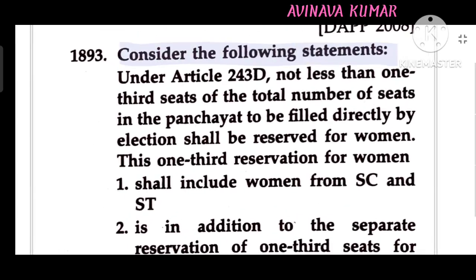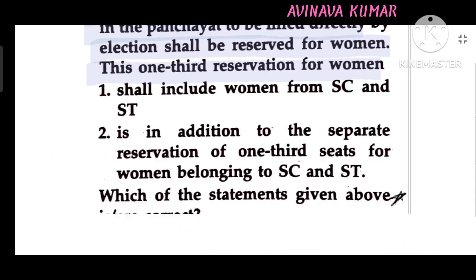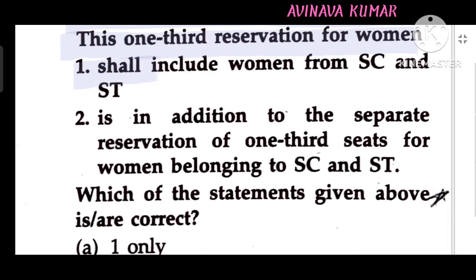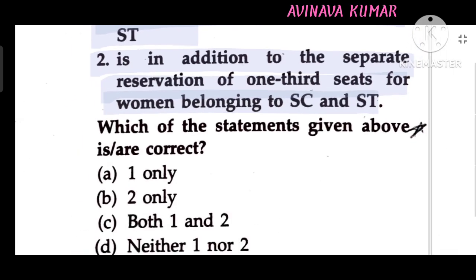Consider the following statements. Under Article 243D, not less than one-third of the total number of seats in the Panchayat to be filled directly by election shall be reserved for women. This one-third reservation for women shall include women from SC and ST. It is in addition to separate reservation of one-third seats for women belonging to SC and ST. Which of the above two statements is correct?